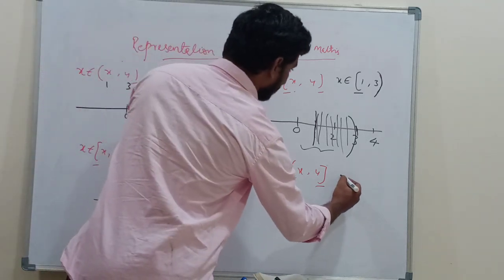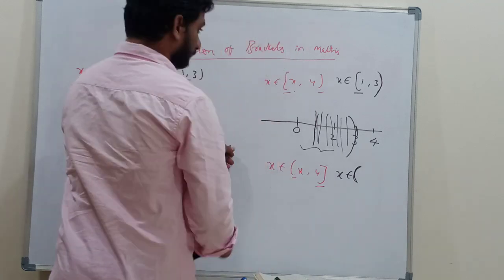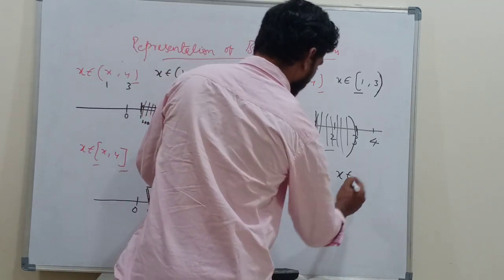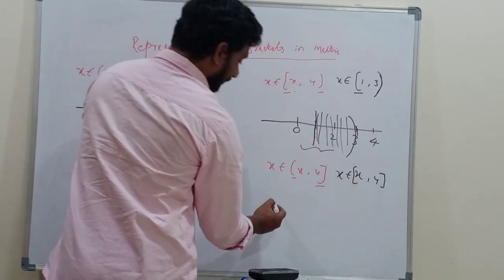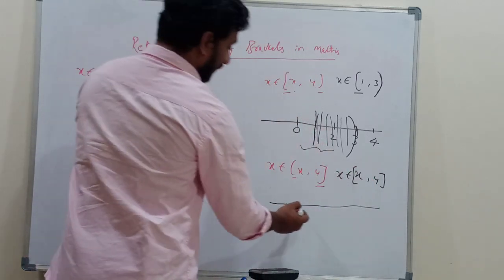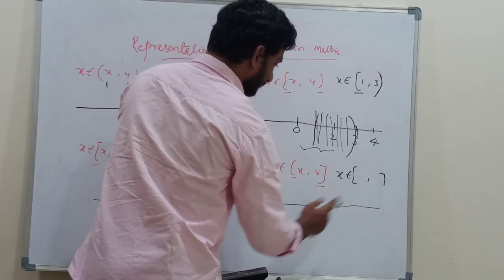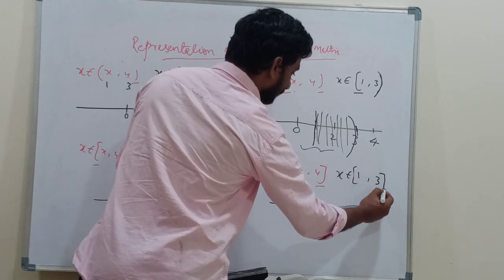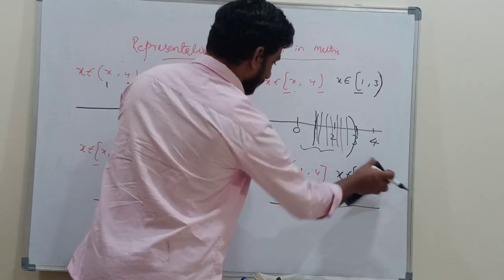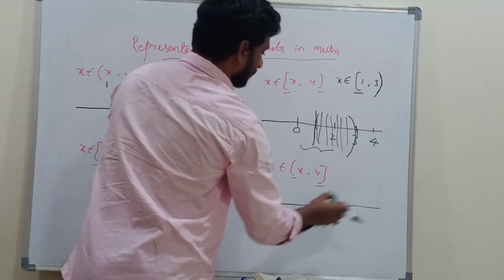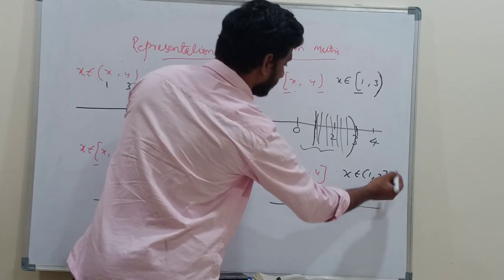Here again, in this example, x belongs to open bracket x comma y closed bracket. In a straight line, I'm taking the same example, 1 comma 3. So x belongs to open bracket 1 comma 3 closed bracket.